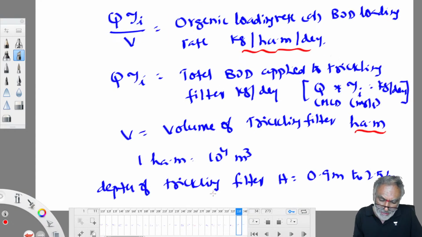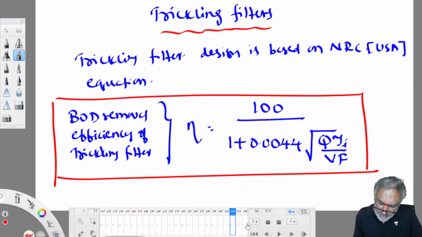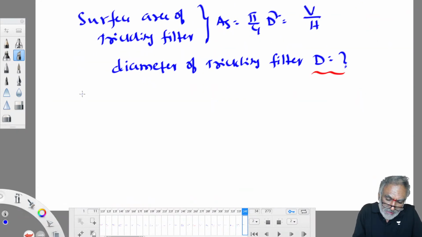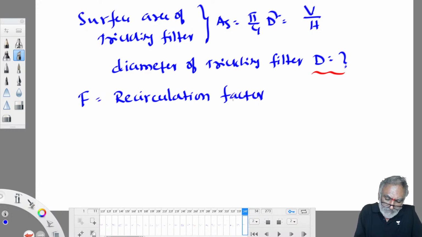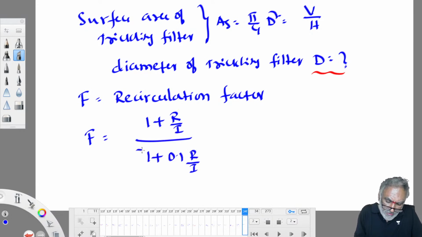And a very important thing in this equation is the F value. F is known as recirculation factor. This F value we work out by using the equation: F = (1 + R/I) / (1 + 0.1 R/I) whole square.